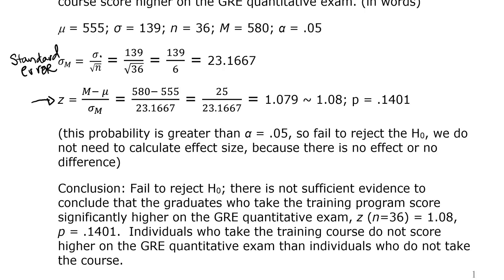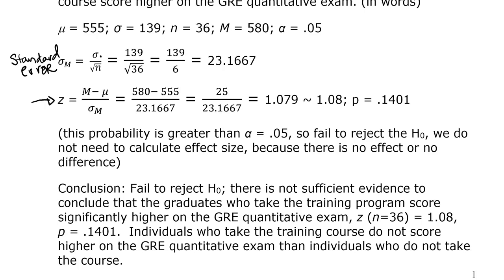So it's 139 divided by the square root of 36, which gives us 139 divided by 6, which gives us a standard error of 23.1667. Notice how I round to 4 decimal places, because it'll give you more accurate numbers at the end. Okay, so now that we have standard error, now we can go ahead and do the z-test, right?